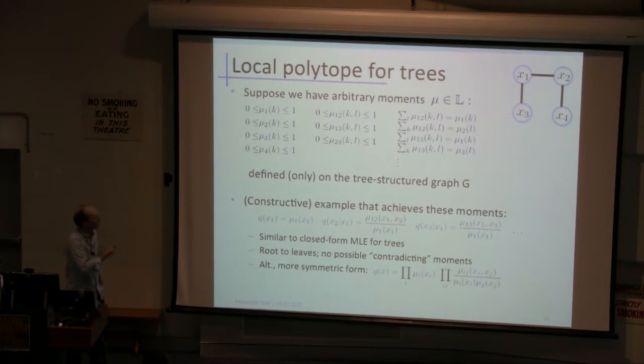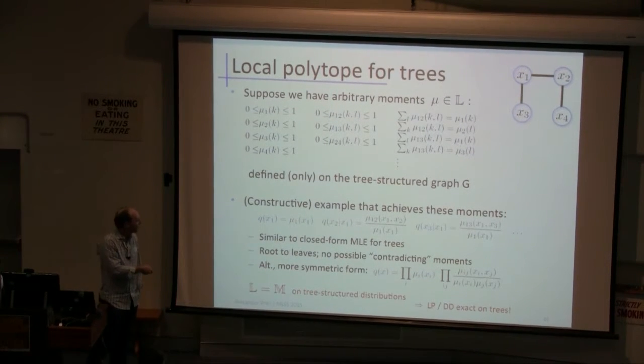So I don't have to check that some distribution corresponds to that moment. So as long as I only specify these moments on a tree-structured graph, then enforcing the consistency of the local polytope is actually enough.